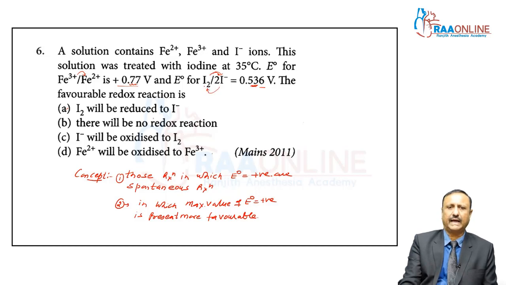Or in option D, Fe plus 2 will be oxidized to Fe plus 3. Here Fe plus 3 to Fe plus 2 is favorable, but Fe plus 2 to Fe plus 3 is not favorable because the E positive is higher. So, my dear students, you can see the answer to question number 6 is C.